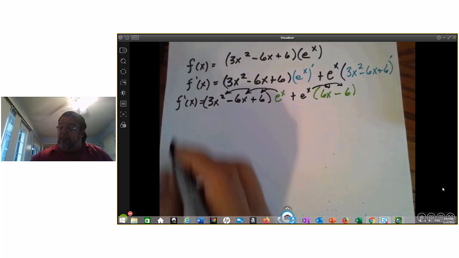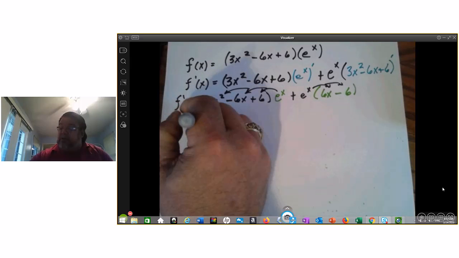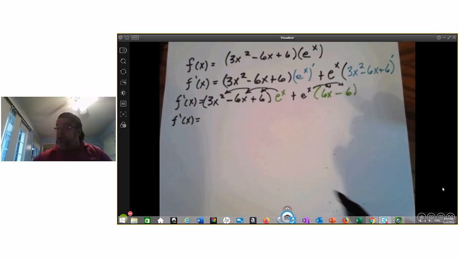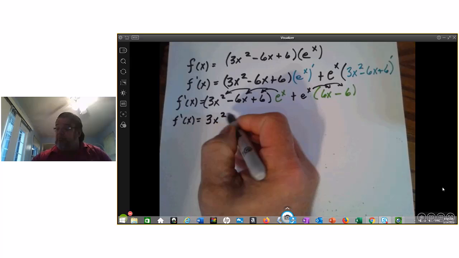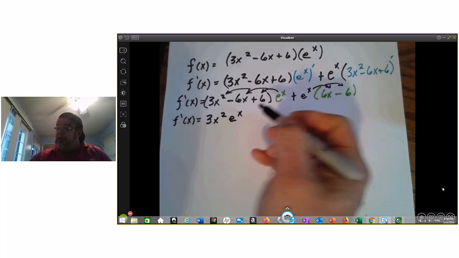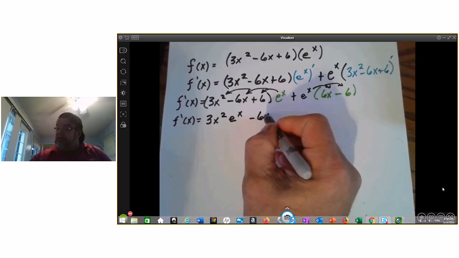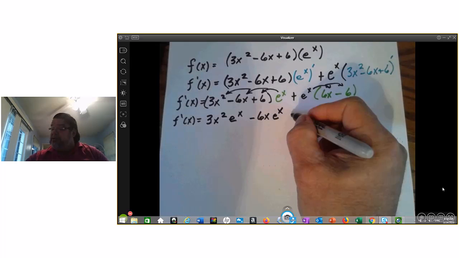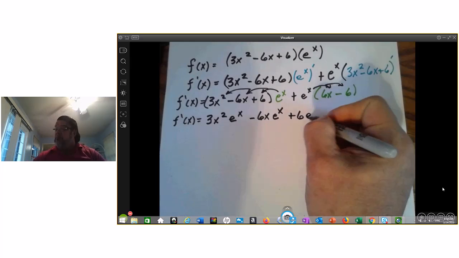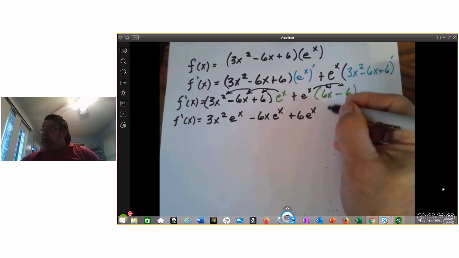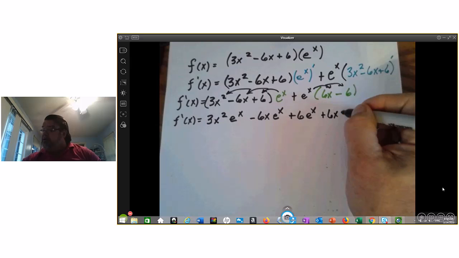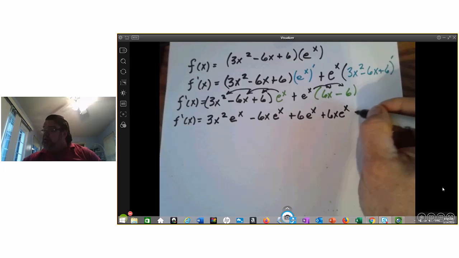And that's going to be f prime of x is equal to 3x squared e to the x minus 6x e to the x plus 6 e to the x. And then distribute, since I'm putting e to the x's last, plus 6x e to the x minus 6 e to the x.